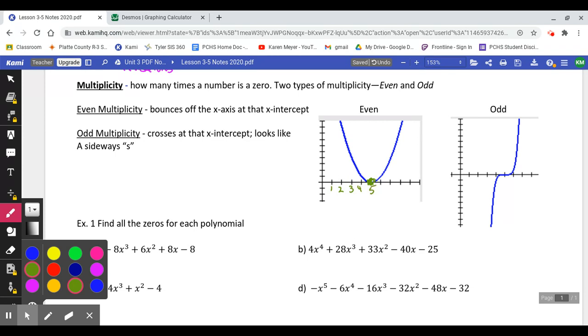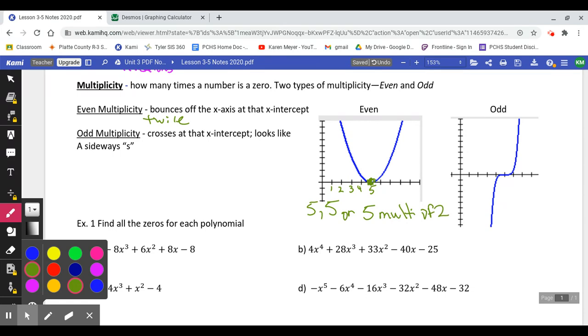So that means 5 is going to count more than once. And since it's an even multiplicity, it means that your answer counts twice. So you would say 5, 5, which means you have 2 of them. Or you can write it as 5, and I abbreviate multiplicity of 2.